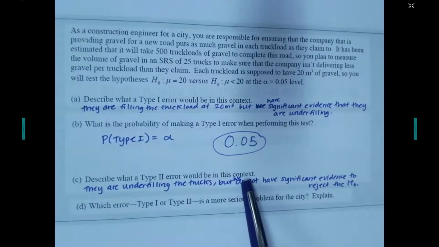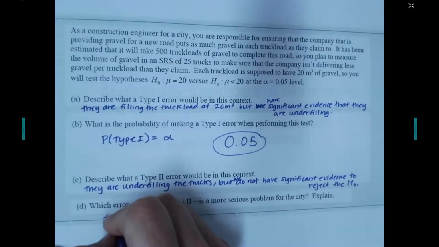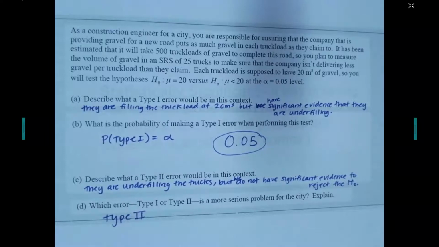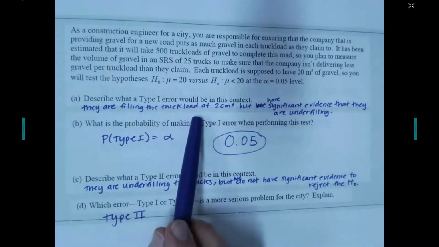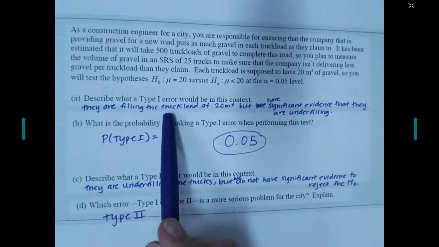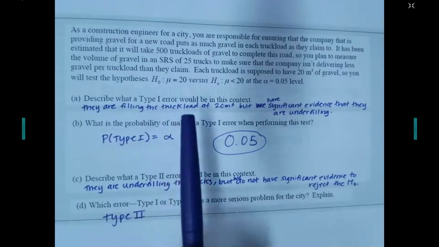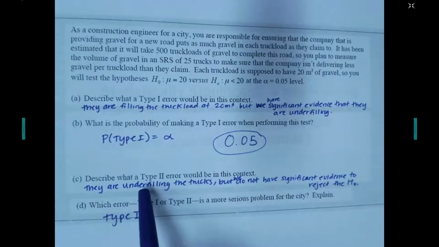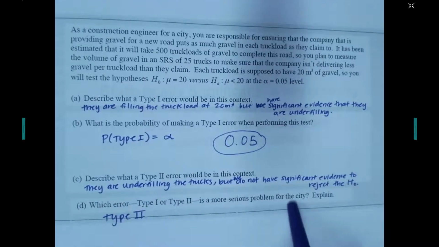And that would mean we wouldn't have enough gravel at the end. So to me, a type 2 error would be worse here, just because I would probably end up with too much. Now, that might cause issues with us and the company later if they think we're trying to cheat them out of something too, right? But I think overall, the type 2 error of just thinking it's okay, but then in the end it's not, and we don't have enough, is probably going to be worse for this city.